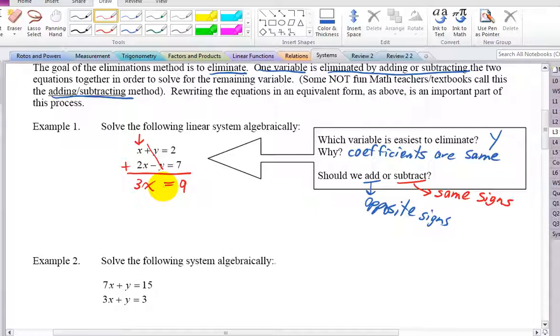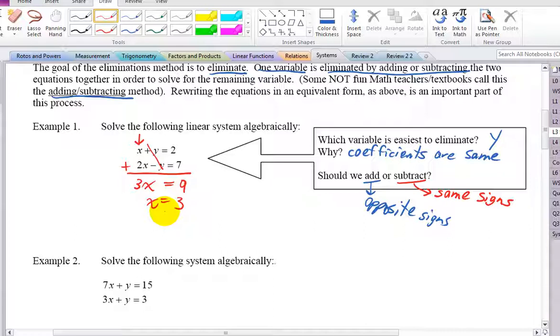Might confuse you. Some people like to slash it out. Some people do nothing. Your choice. Don't really care how you show it. It's canceled though. Okay. And then what does x equal? 3. Right? 9 divided by 3. Okay. Can you do that? Pretty easy.